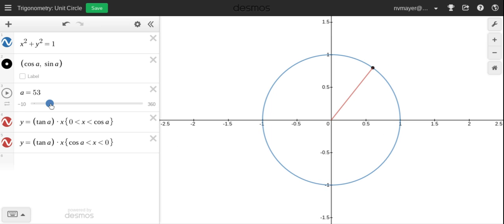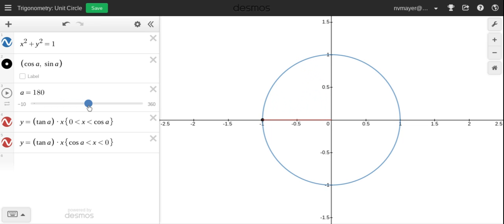So the first quadrant takes the measurements of angles from 0. As you can see, the 0 angle overlaps with the positive direction of the x-axis, meaning the two arms of the angle are overlapping. And it goes all the way until we find ourselves in the second quadrant. The second quadrant takes the angles from 90 degrees until 180 degrees.